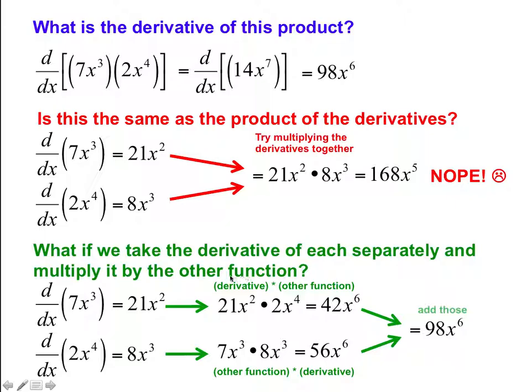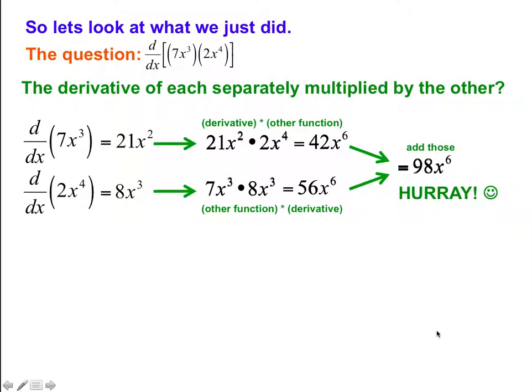So this process, the 21x squared, is the derivative of the first times the second, plus derivative of the second times the first. That process of taking one at a time gets us the right answer. And we call that the product rule.